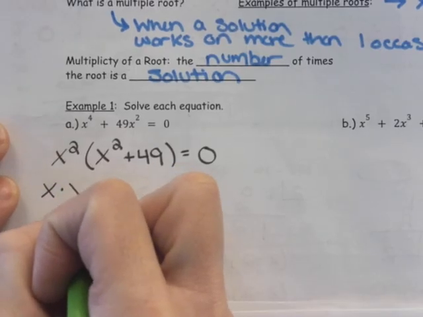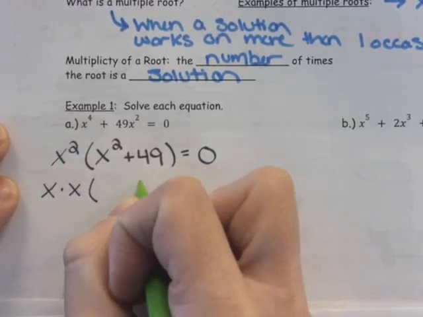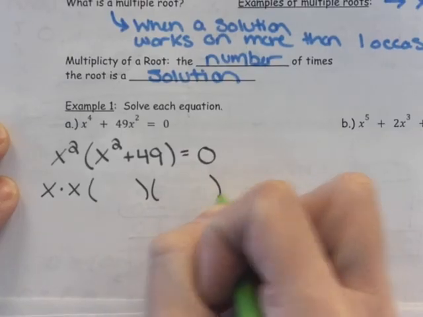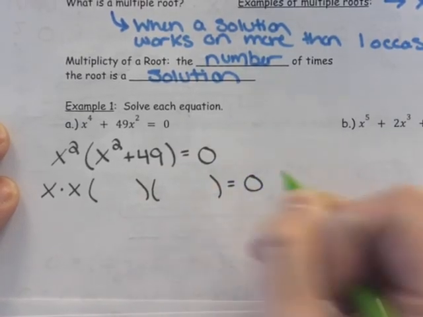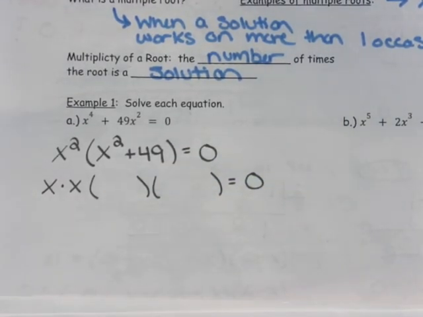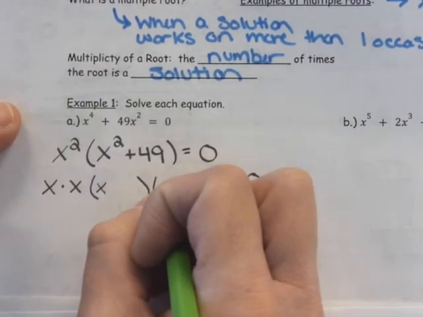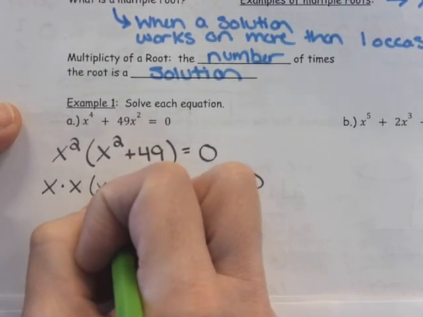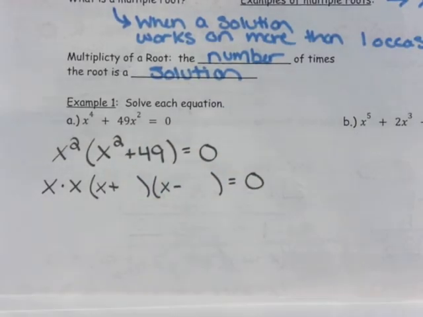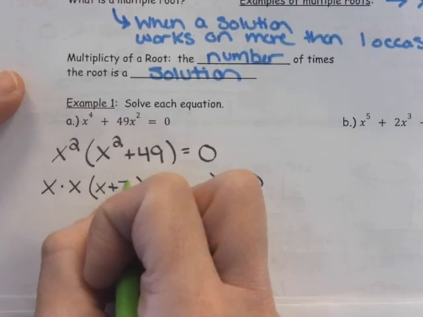First of all, I'm going to break apart the x squared into x times x, because truly I want these to have no squares, no cubes, no anything left when I'm done with them. It's almost a difference of perfect squares, but not quite. So for this one, square root of x squared is x. You put in a plus and a minus, just like it's a difference of squares. Square root of 49 is 7.